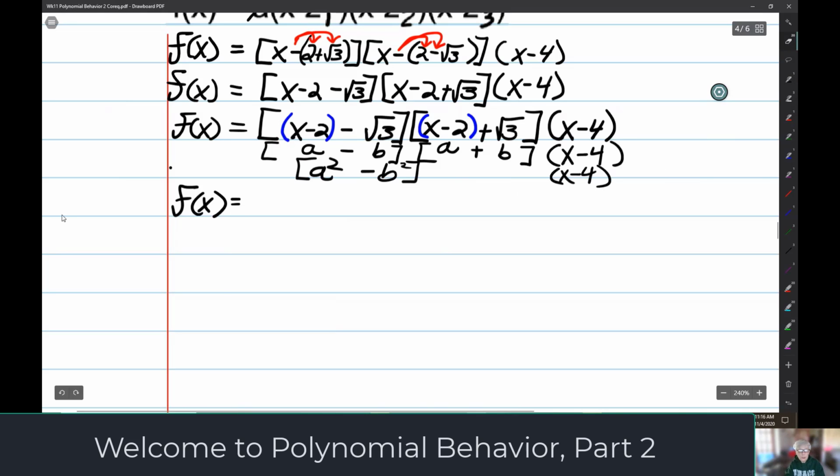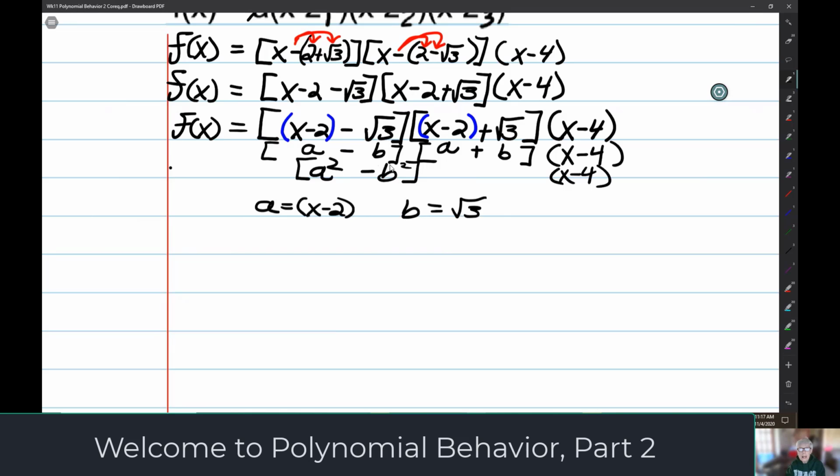Notice that I have let A equal x minus 2 and B equal the square root of 3.